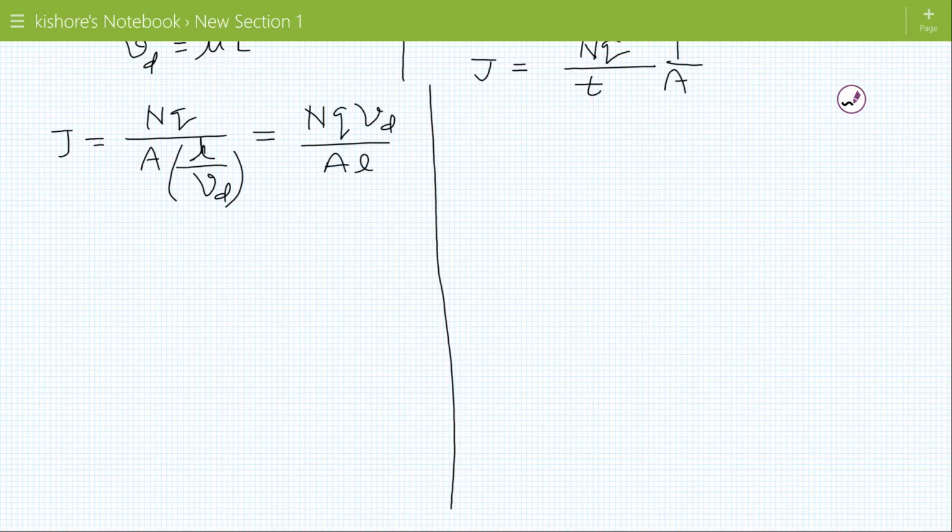So basically product of A and L is the volume of the conductor. N is the number of electrons.